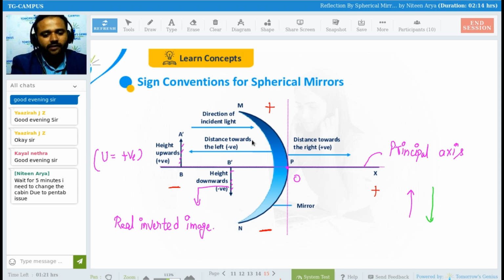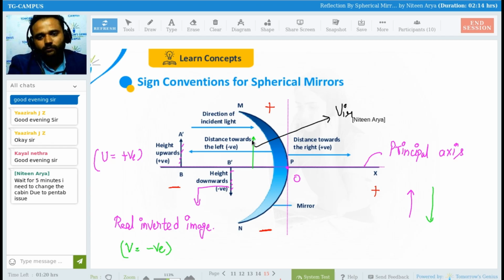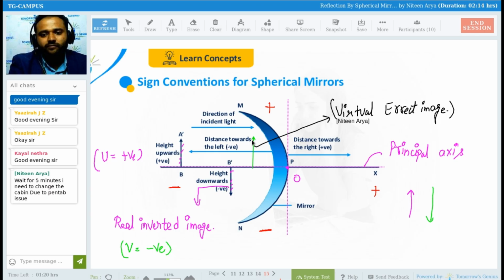So that is why for a real inverted image, the magnification is going to be negative, whereas for a virtual erect image, suppose this is your virtual erect image in this way. This one is going to be a virtual erect image. Okay, this is my virtual erect image.